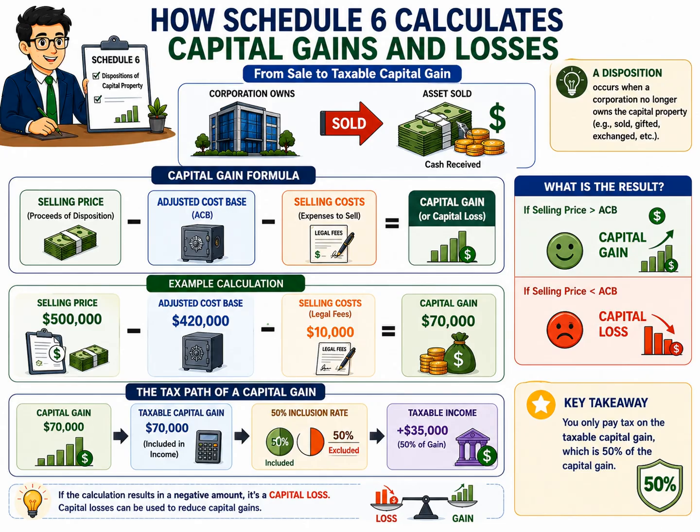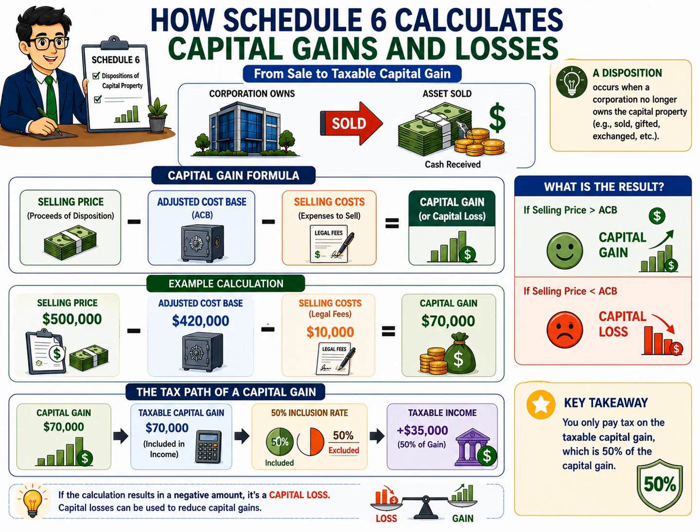Suppose a corporation sells a commercial building for $500,000. The building has an adjusted cost base of $420,000, and the corporation pays $10,000 in legal fees to complete the sale.